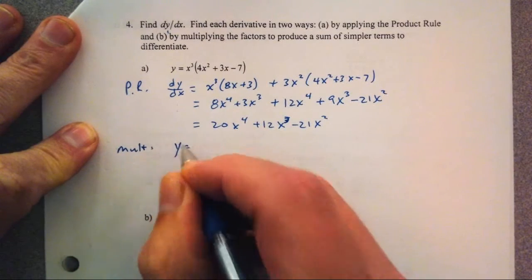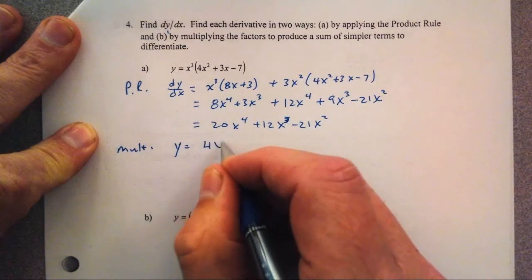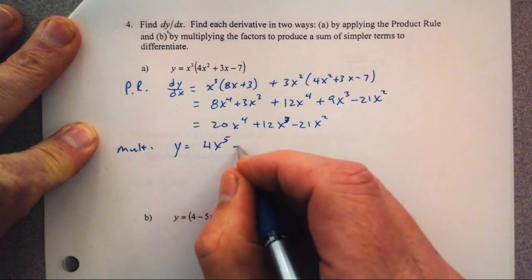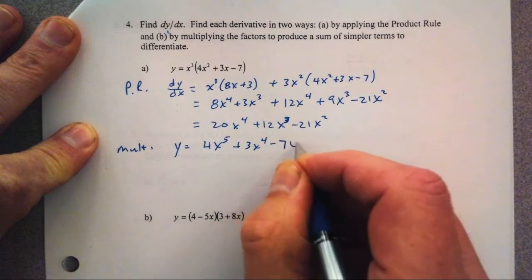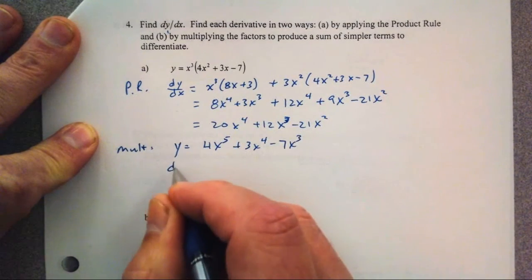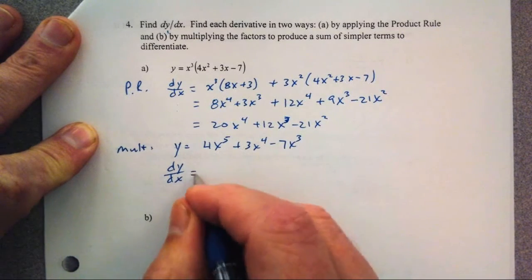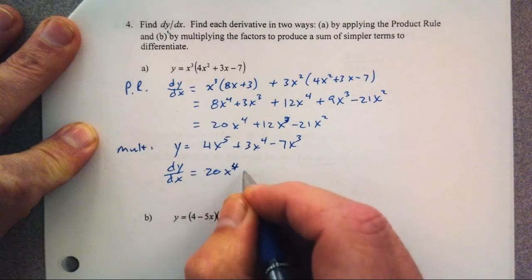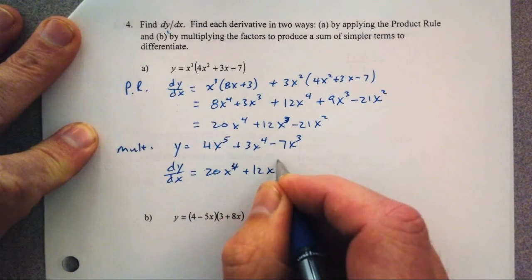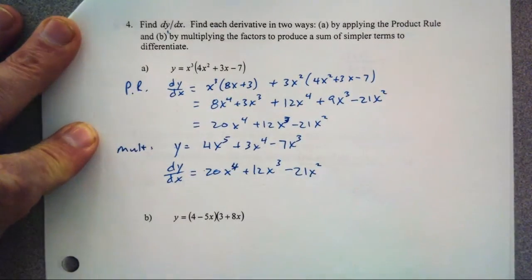Then we get y equals, if I distribute this, 4x to the fifth plus 3x to the fourth minus 7x cubed. And now dy/dx, the derivative of y with respect to x, is 20x to the fourth plus 12x cubed by power rule minus 21x squared.